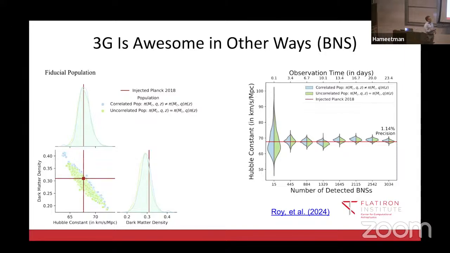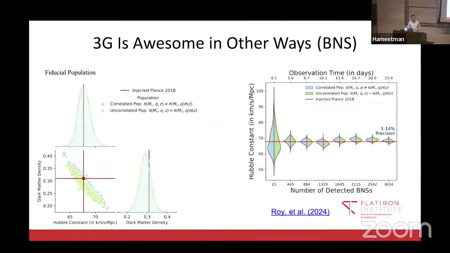And the answer is that at least until you're well below percent precision, you don't get systematic biases. So our best guess at the formation scenarios for merging binary neutron stars today predict a very redshift independent mass function, and so suitable for percent level precision in cosmological measurements. Time will tell whether those predictions are right, but that's our best guess.